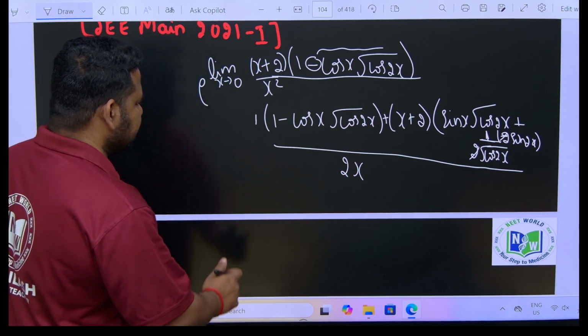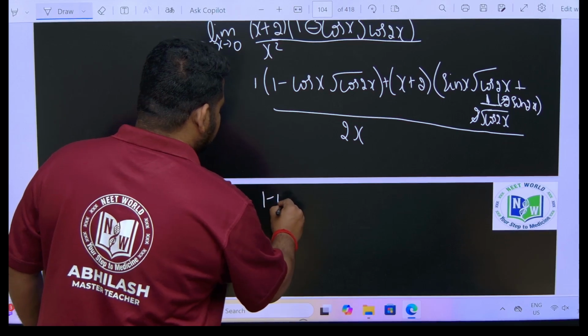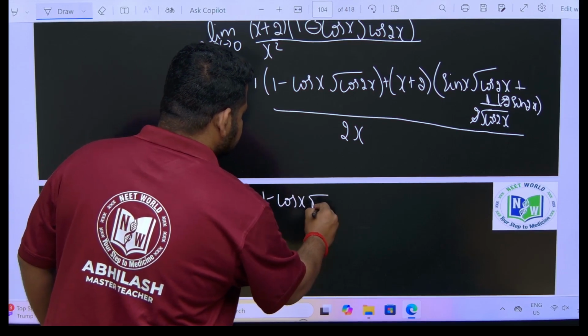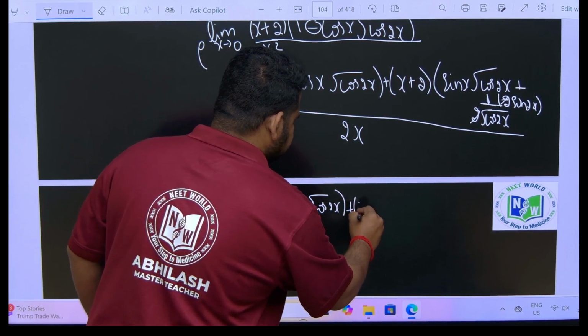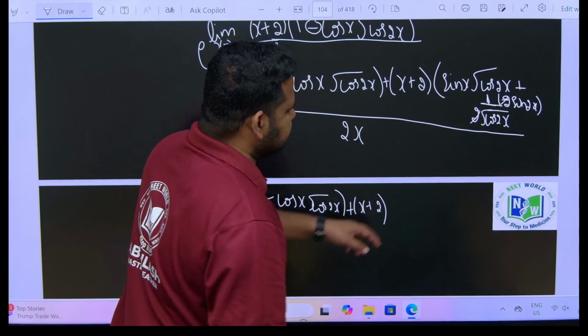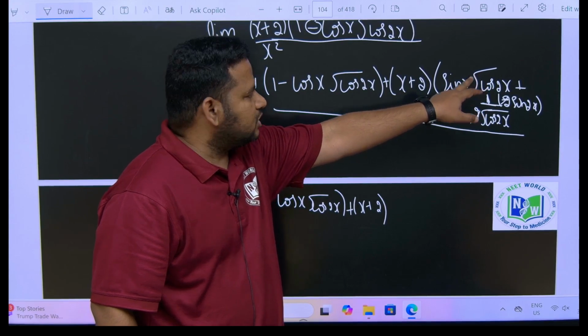Now look at this, we will write it as 1 minus cos x over root of cos 2x, plus x plus 2 into, look at this, if I take LCM, root cos 2x is nothing but cos 2x.